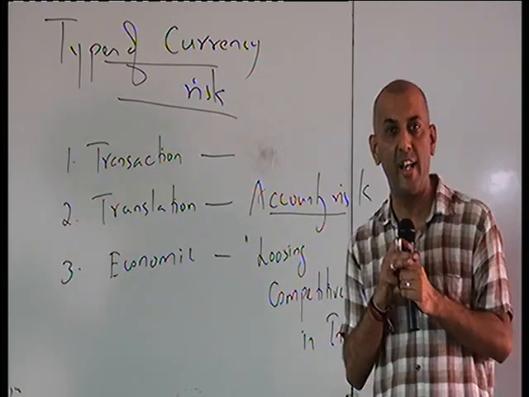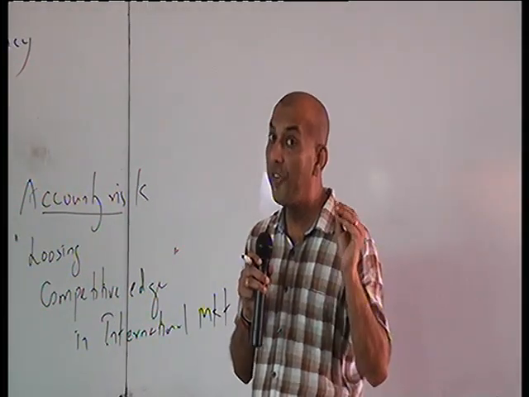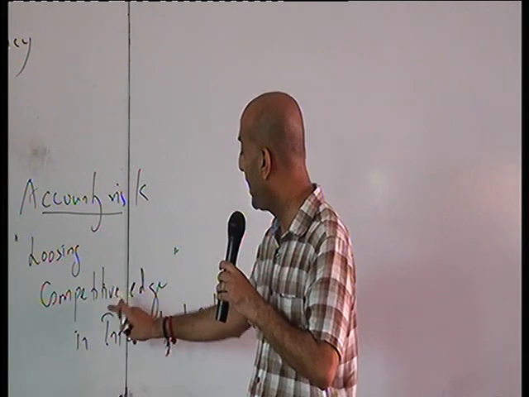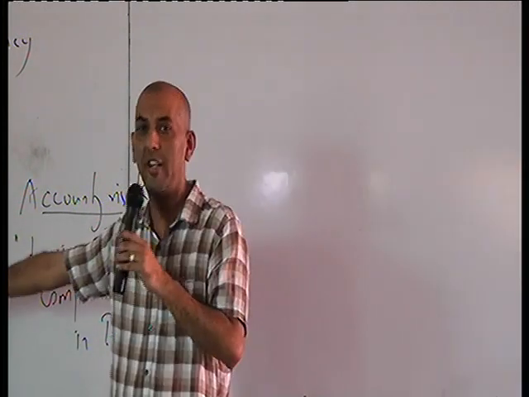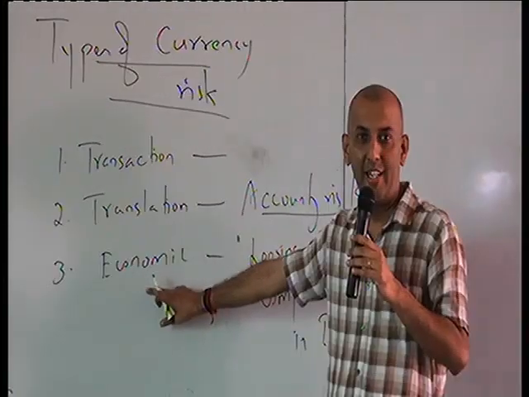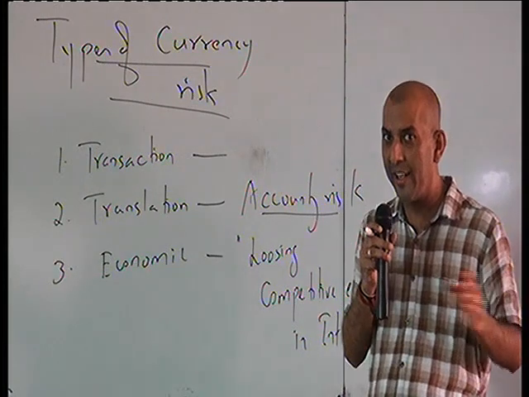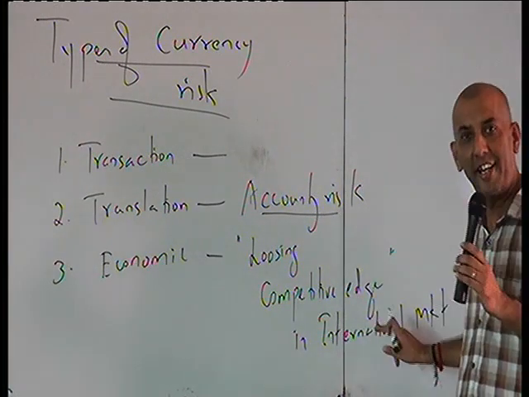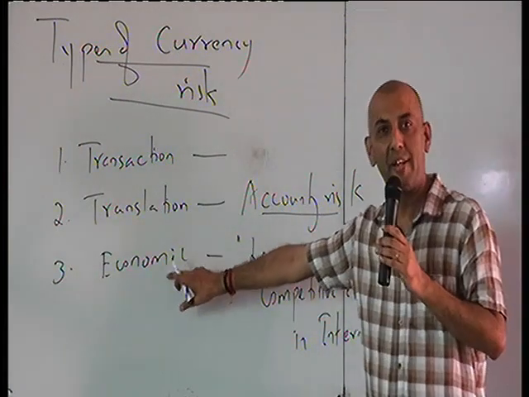Because of the exchange rate variation, if you are losing competitive edge in the international market, that risk is called economic risk. If you are losing that, that is called economic risk.